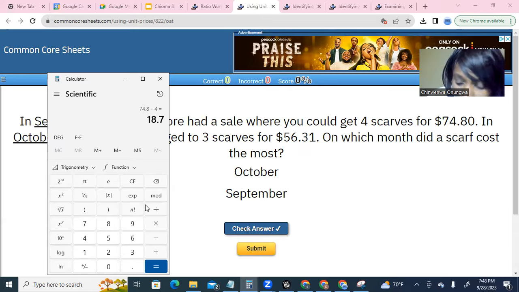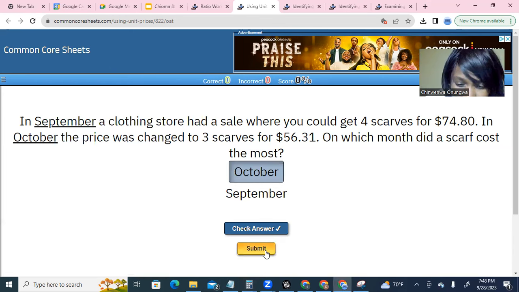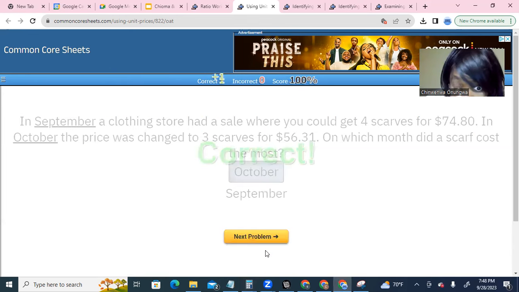Now let's find out the price for one scarf in October. We'll do 56.31 divided by 3, which in October is 18.77. So it's 7 cents more in October. So the month where it is the most is October. We'll go ahead and submit, and it's correct. Let's do another one.